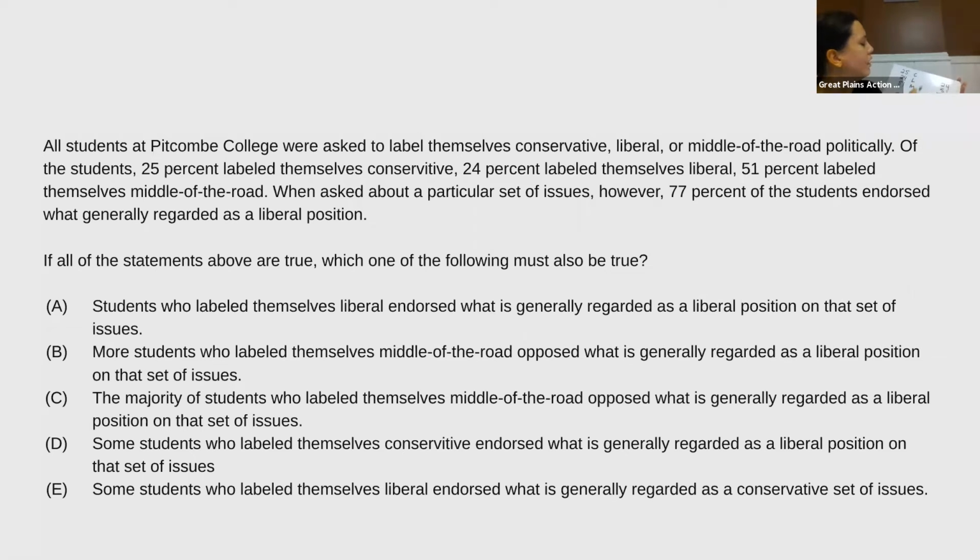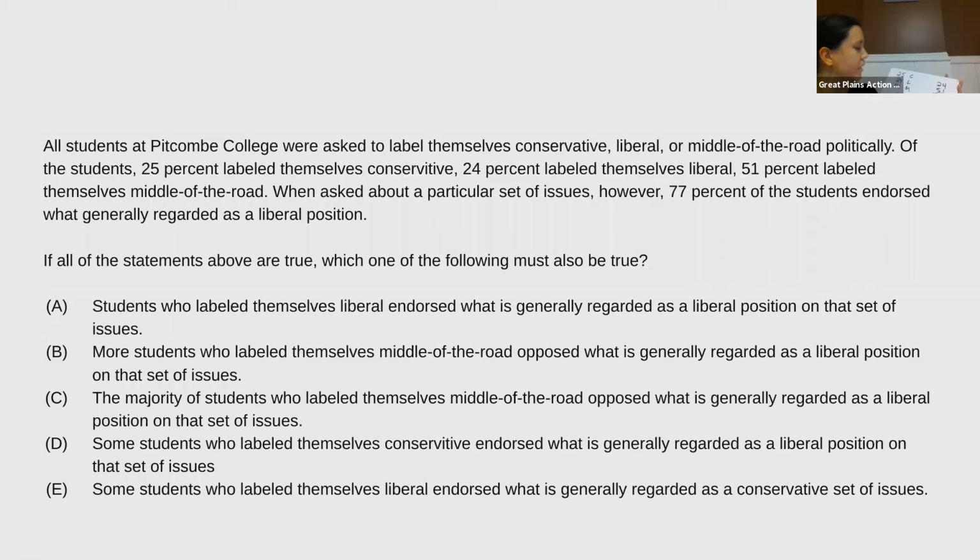All right. So even if every liberal identifying student and every middle of the road student endorse that position, it's still the case that there were some of the conservatives who must have endorsed the position.